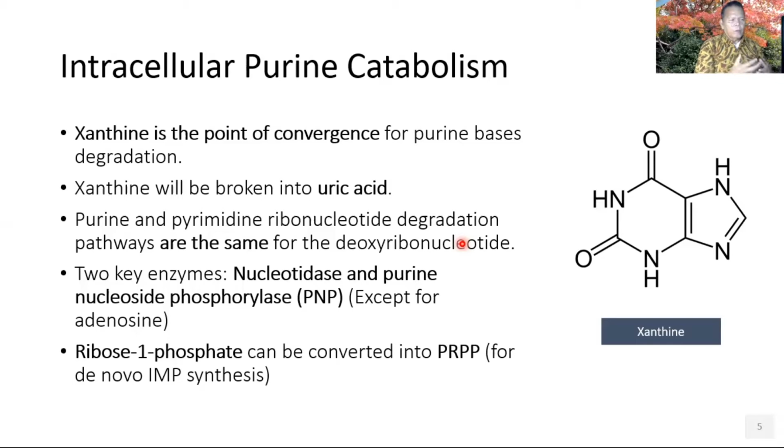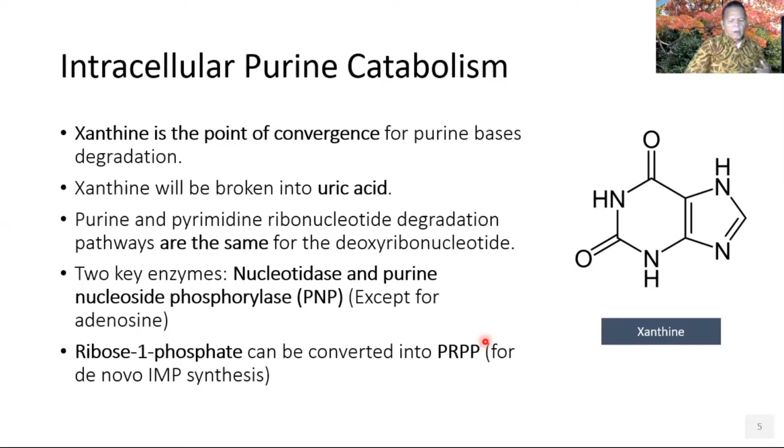The first one is nucleosidase and purine nucleoside phosphorylase, except for adenosine. Ribose 1-phosphate can be converted into PRPP for de novo synthesis. Let's see the structure of xanthine on the right side of this slide. And this is xanthine.